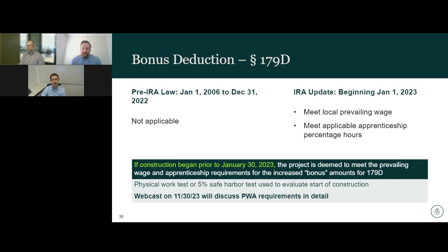The start of construction date is determined via two different tests. One is the physical work test, and the other one is the 5% safe harbor test. But in practice, this is going to mean that many projects placed in service in 2023 and into 2024 will be exempt from meeting those prevailing wage and apprenticeship requirements, which will be a substantial boost to the 179D deduction available on those projects.